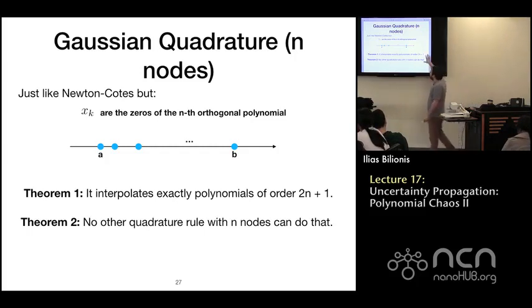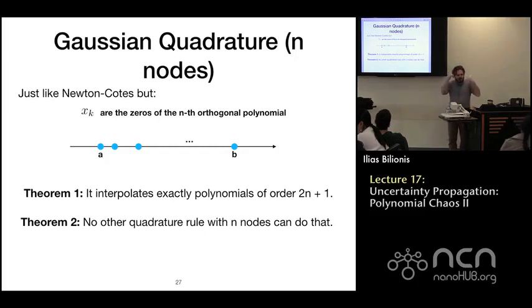Okay? Now, there are two theorems for Gaussian quadratures that are extremely important. Theorem number 1, this quadrature rule integrates exactly polynomials of order 2n plus 1. So even though it is based on a polynomial that is of order n, it can compute the integral of 2n plus 1 degree polynomials exactly.